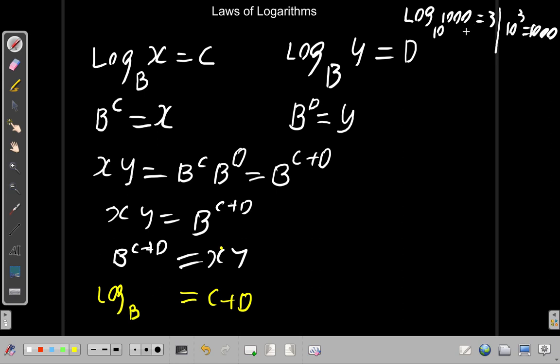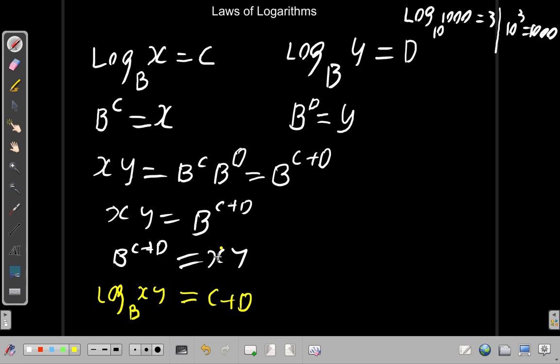You're finding the log of 1,000. Let's look at the index form here. You say equals xy. So in log form, you're really finding the log of xy. All right, so you have that. You say the log of xy is equal to c plus d.